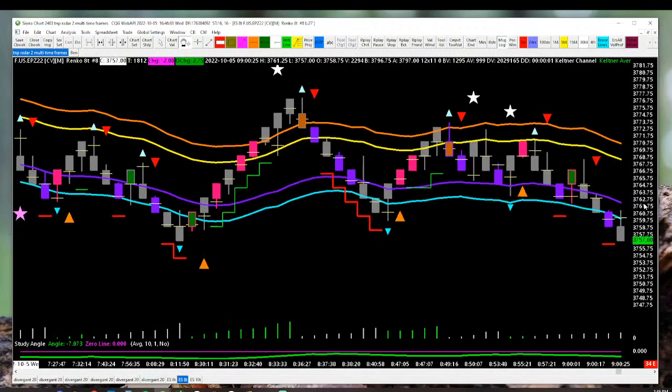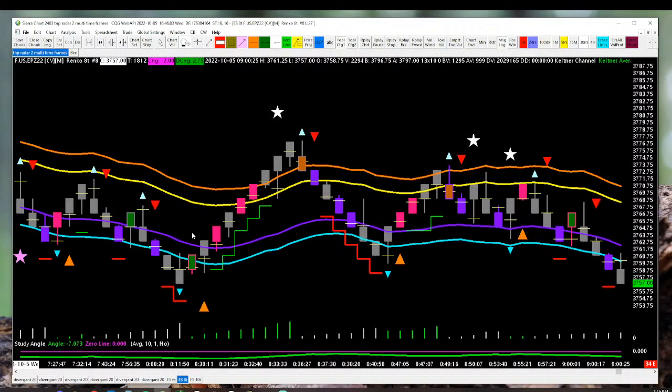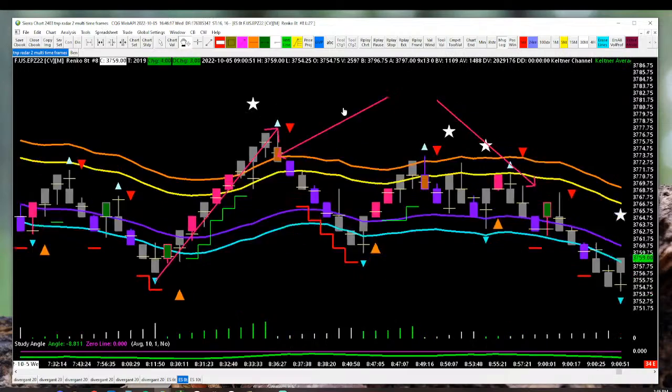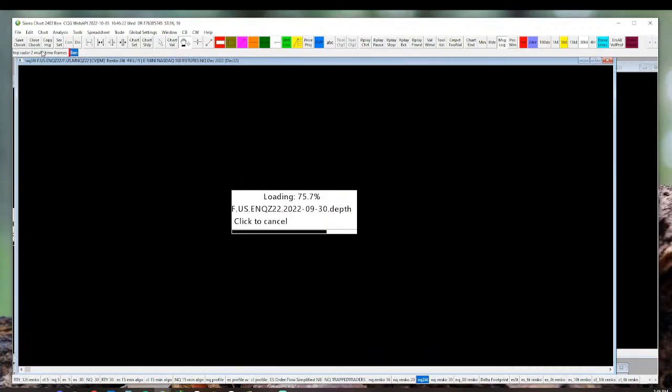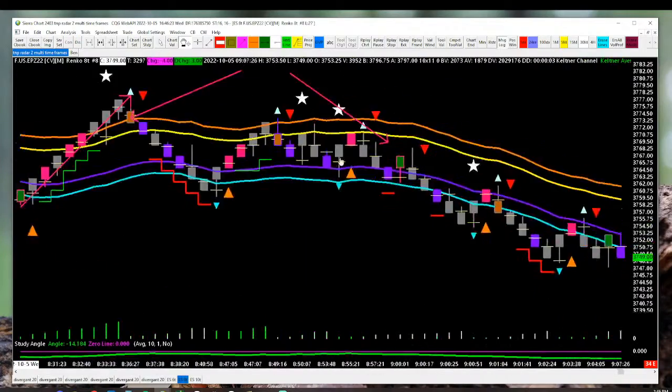ES topped out right off the high, gave a short signal, and then at 9, we weren't making a new high. Wait, is this the same day? That's so weird. So NQ was making a new high, and ES wasn't.